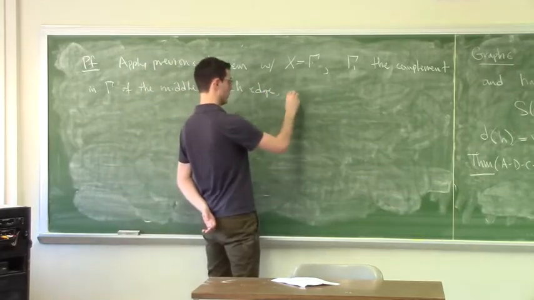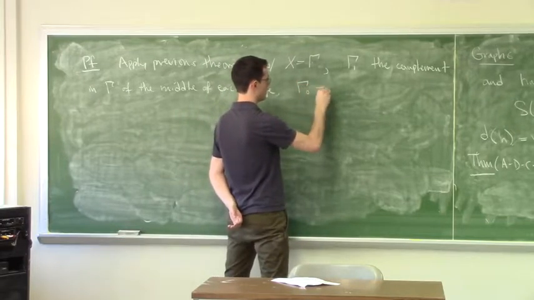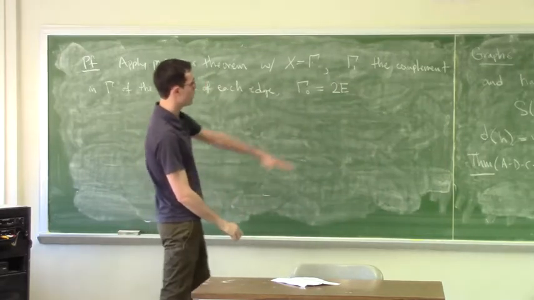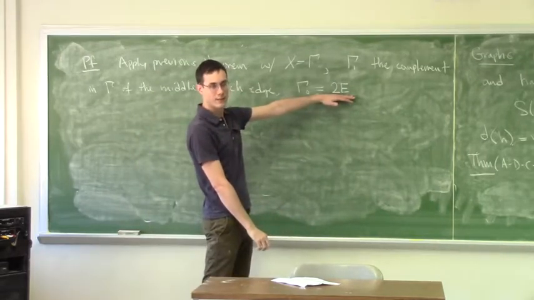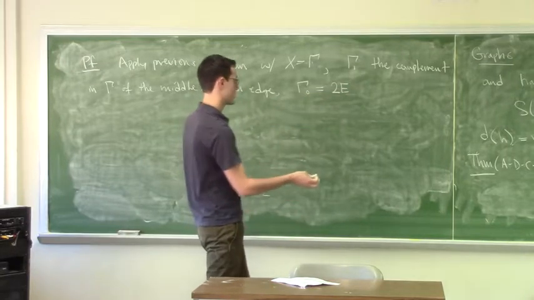And we're going to glue along gamma 0 times an interval, where gamma 0 is a set that is the size twice the number of edges. So let me see if I can draw a picture.